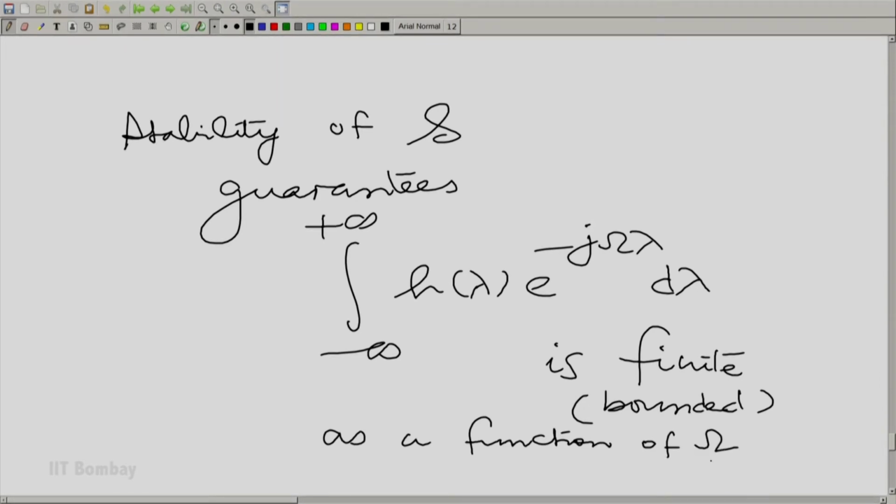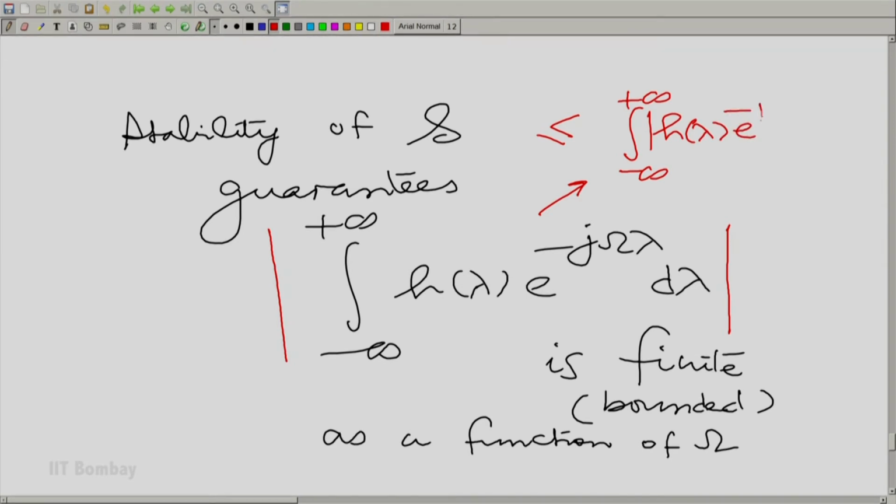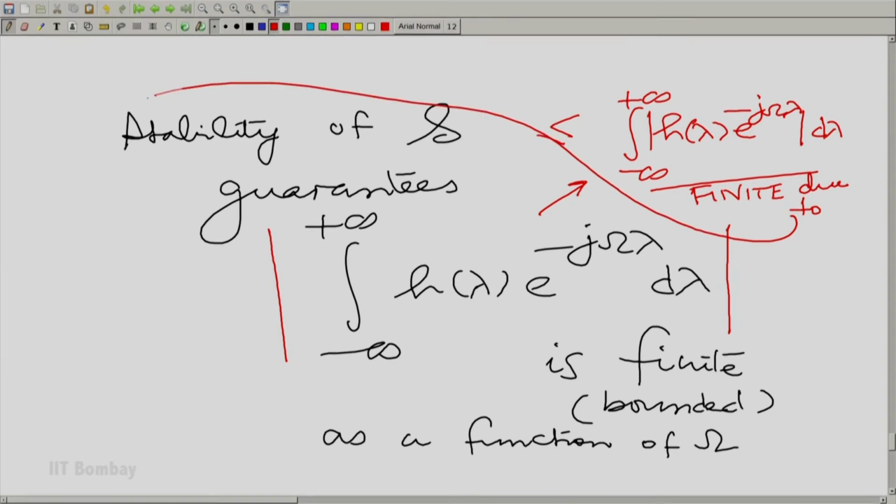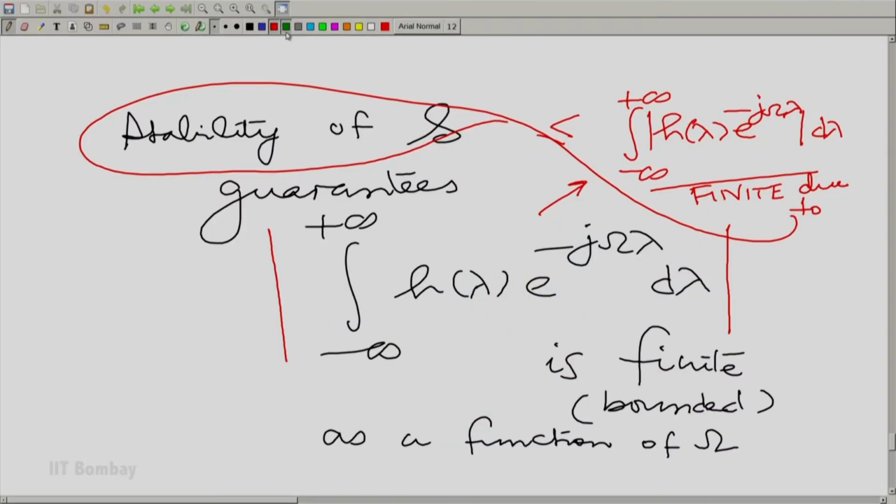If I take its magnitude, the magnitude is less than or equal to the integral of the magnitude of the integrand. And if we look at this expression, it has to be finite because of the stability of S. So, mod h(lambda) e raised to the power minus j omega lambda is the same as mod h(lambda).